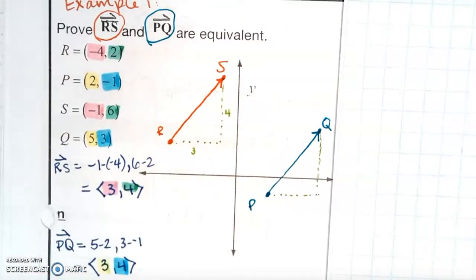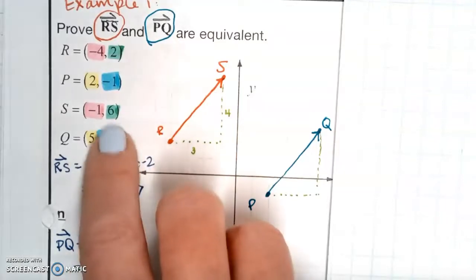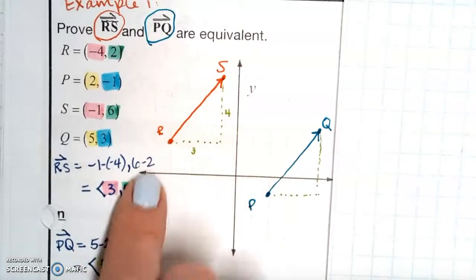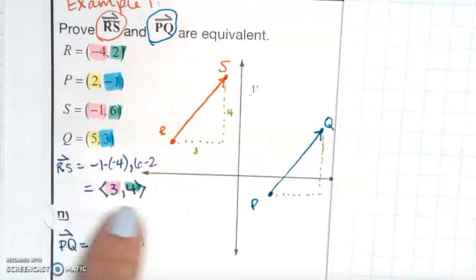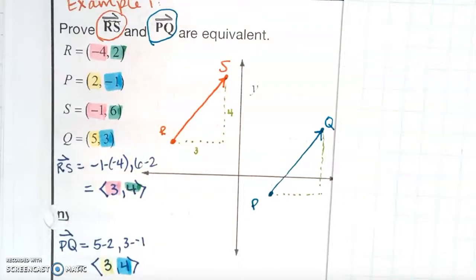When you have minus a negative, you end up actually adding there. So -1 plus 4 would be your 3. And then we do the y values, 6 minus 2, that gets us the 4. So our component form is <3, 4>. Make sure your parentheses are pointy. And that tells us how long that vector is.